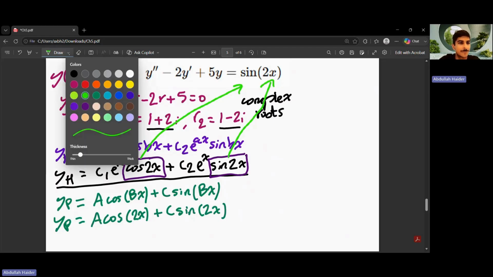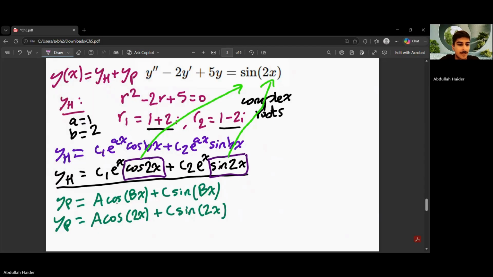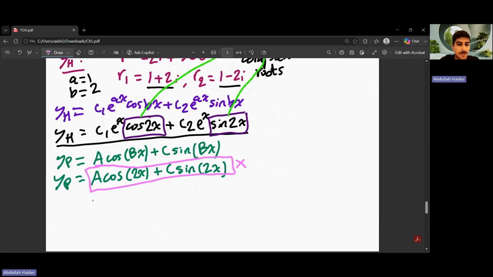So therefore, our final yp is going to be this multiplied by x. That's it. If you want to expand further, ax cosine 2x plus cx sine 2x.